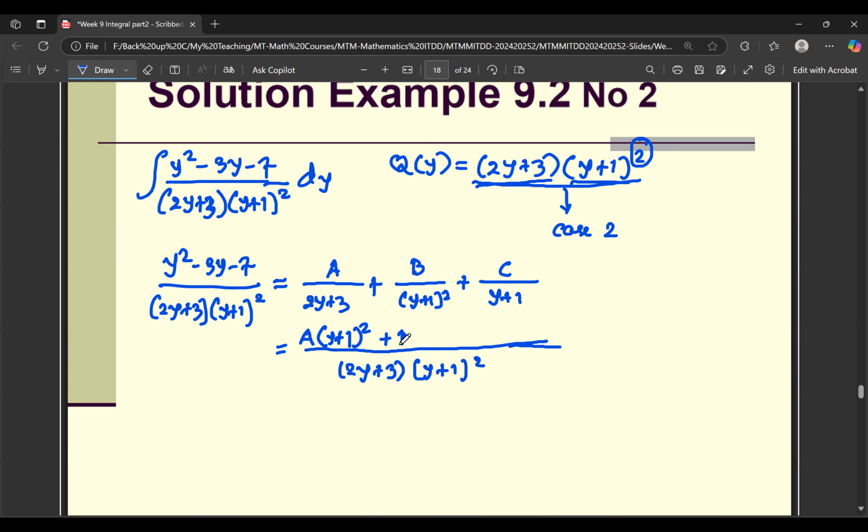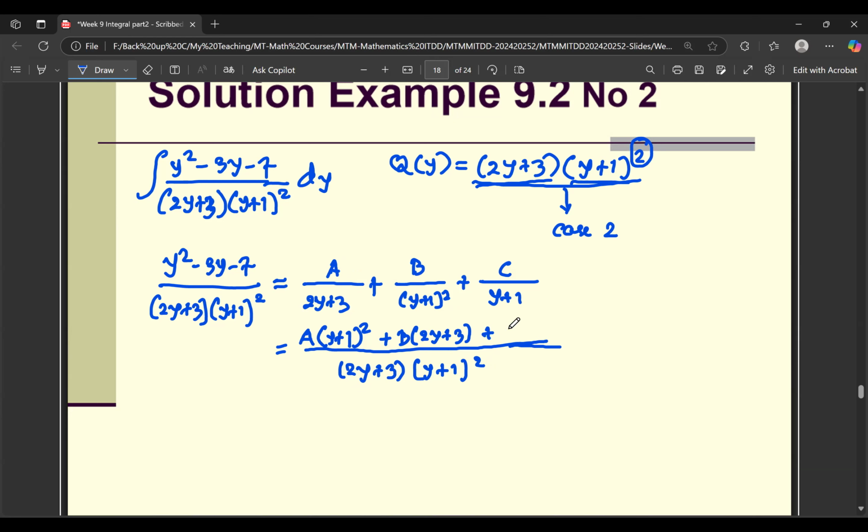For B, because B has the denominator y plus 1 squared, we must multiply by 2y plus 3, which cancels out, and we have component 2.